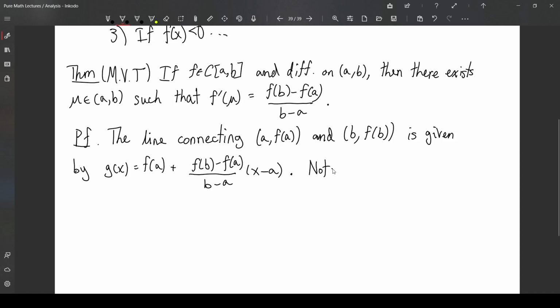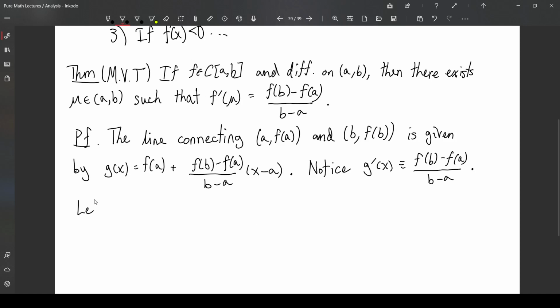And notice that g prime of x is identically constant and equal to f of b minus f of a over b minus a, right? Of course, I haven't proved as an example that the derivative of constants or linear functions behave as we would think, but the proofs are very easy in those cases. And at the end of last episode, I gave that as an exercise, so I'm assuming that we have established that.